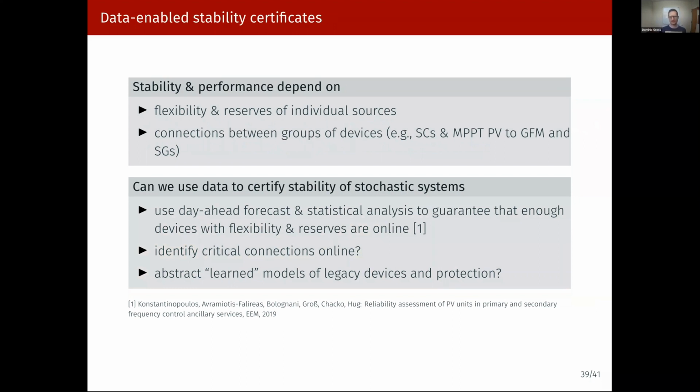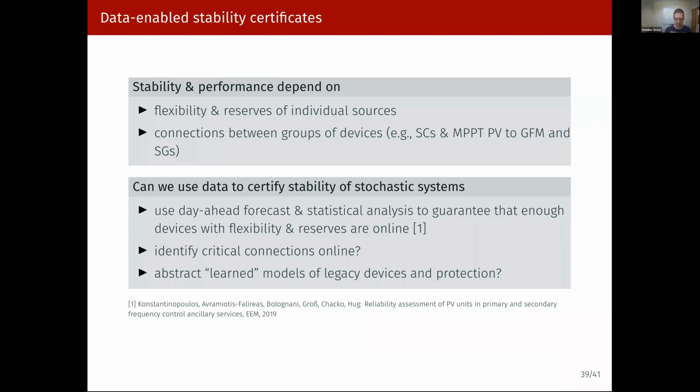Then the bigger problem is the one I was mentioning before. Now let's assume the devices do what they should. What we've seen in these stability conditions that I've shown is that the local flexibility and reserves of the individual source matter a lot. That decides which category your device ends up in, or rather which of these two groups.